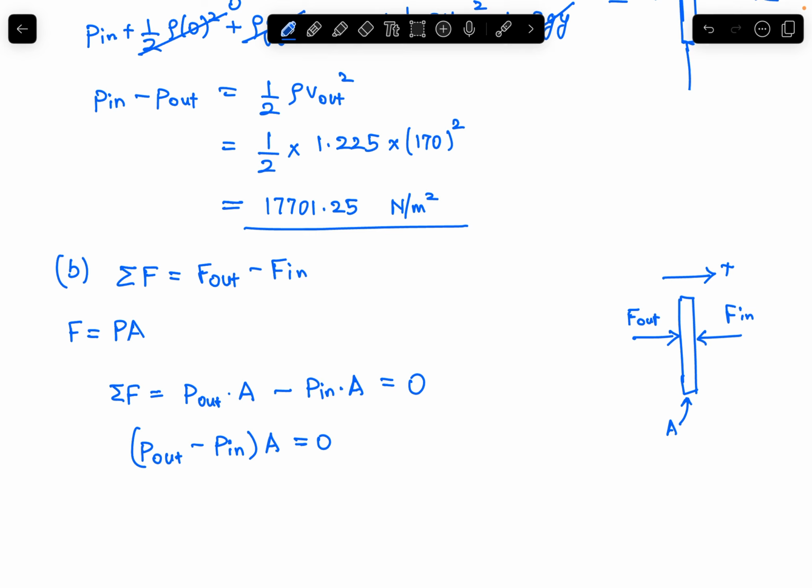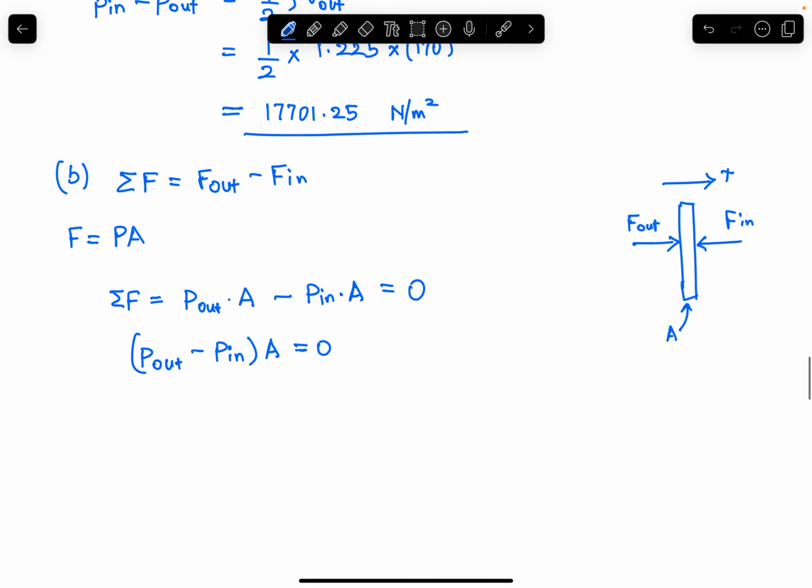We, for a fact, know P in minus P out. So taking the negative outside, we get P in minus P out times area is equal to 0.